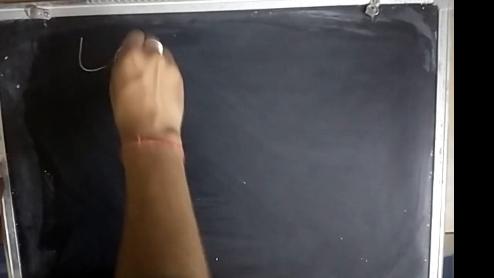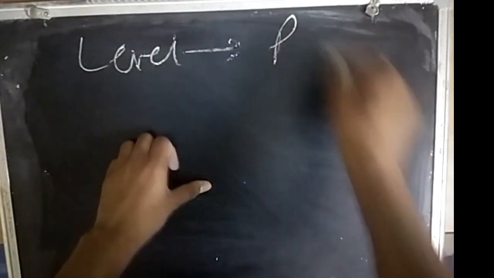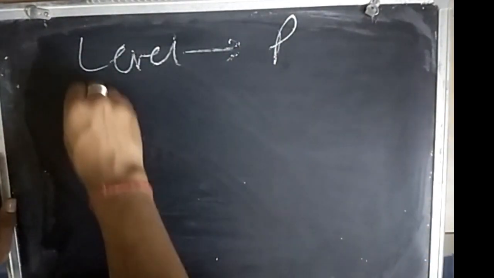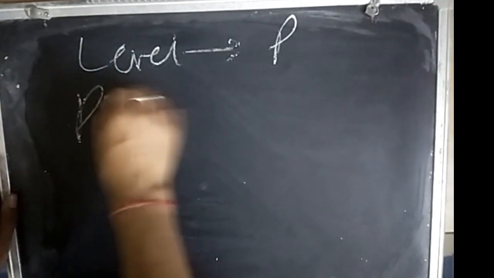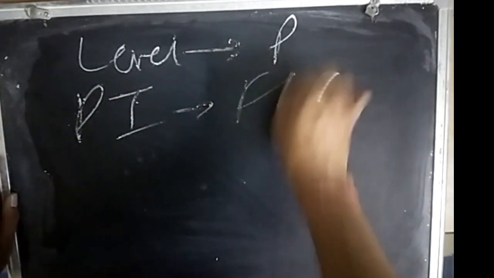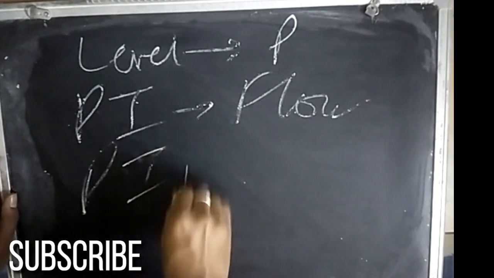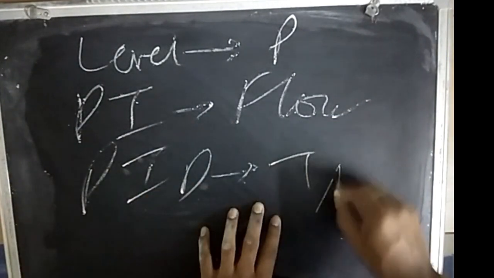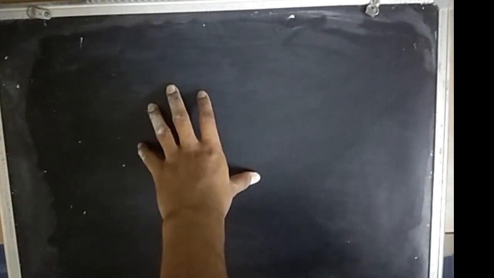Mostly for level measurements, P is used. P and I are used for flow, and PID, all three, are usually used for temperature and pressure. Level is proportional because however much it changes, the level will change accordingly. Now the next thing is we move to route array.